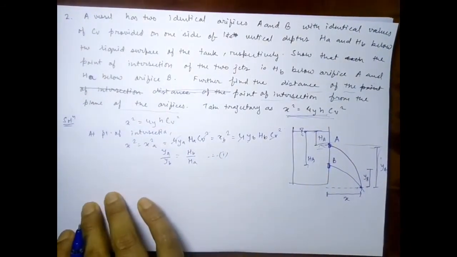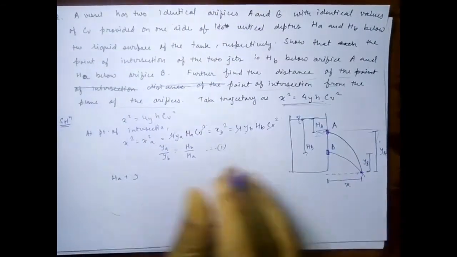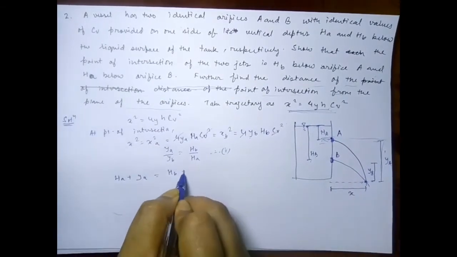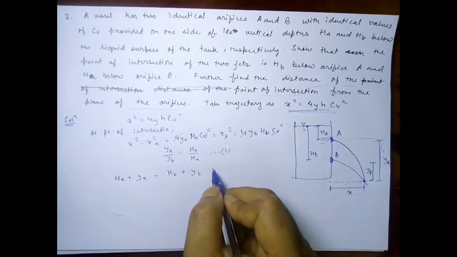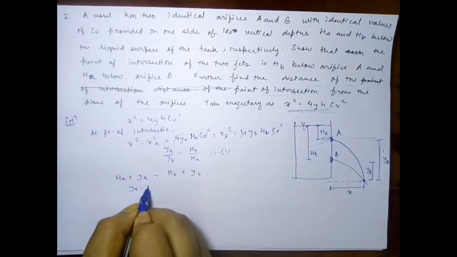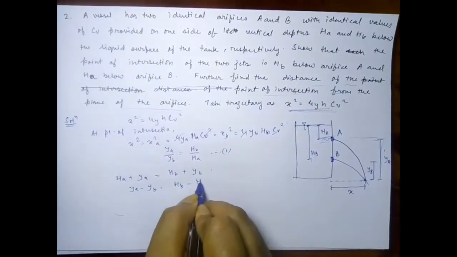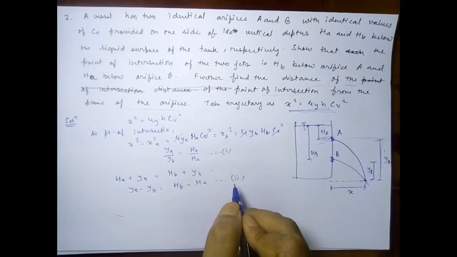So I can write it like this, that ha plus ya is equal to hb plus yb. Let us say, ya minus yb is equal to hb minus ha, and let it be equation 2.